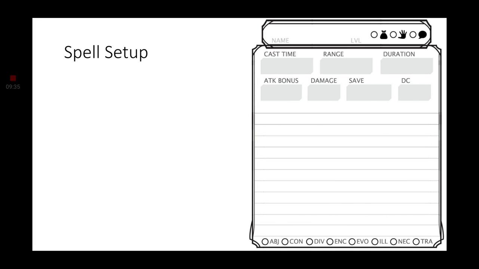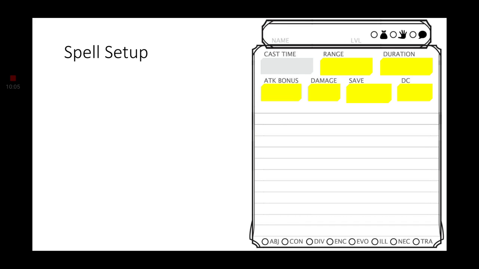Now, there are also other things to consider when making your spell, not just your name and your level. We have the casting time, the range, duration, attack bonus, damage output, which we just talked about, the save type and its DC, as well as the components: material, somatic, and verbal.